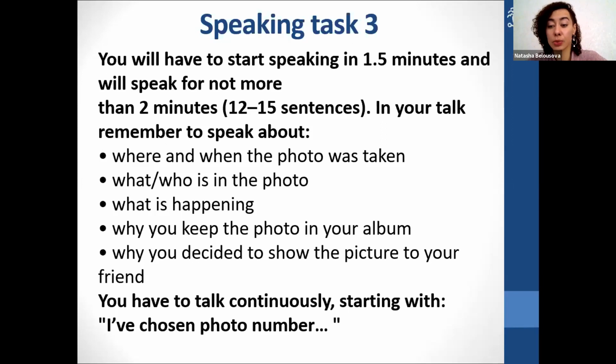So when we start working on task 3, I usually let my students listen to the recording of my other student doing this task. But usually I record the students for the model purposes in May when they're quite comfortable. They listen to what their answer should sound like.